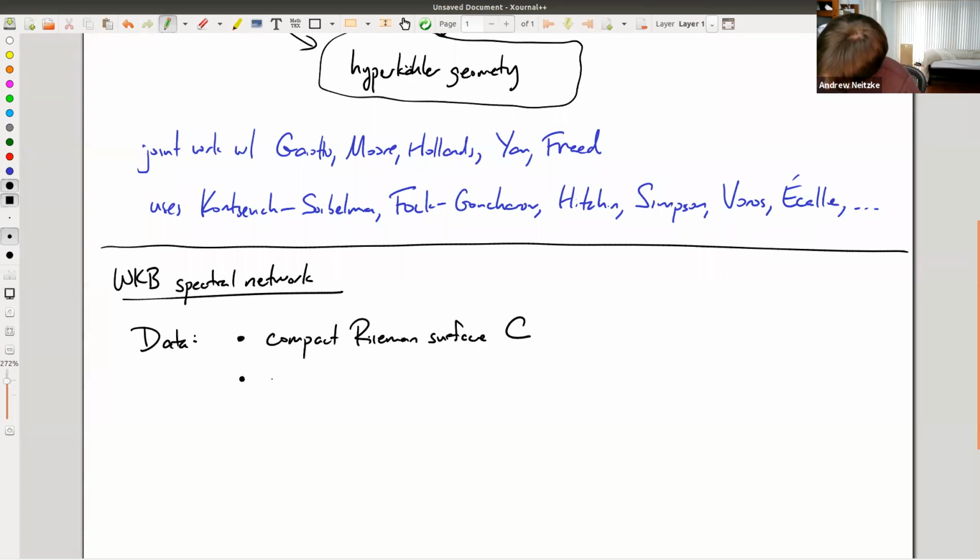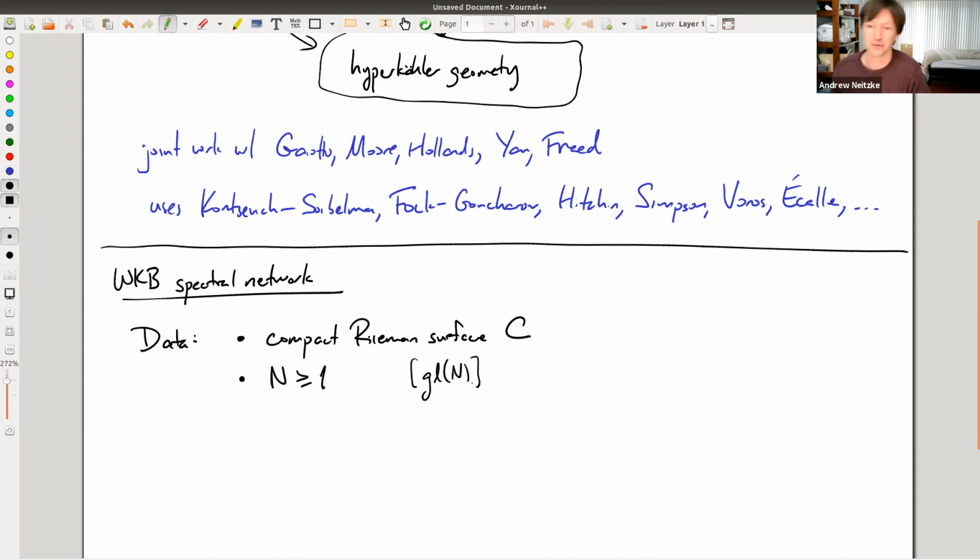An integer, at least one. And this integer, okay, the data is literally an integer. The way you should think of it, kind of informally, is that that integer is really standing in for the Lie algebra GLN.